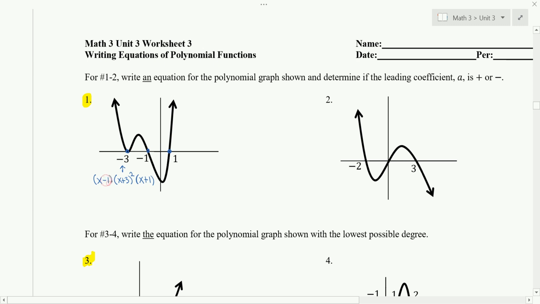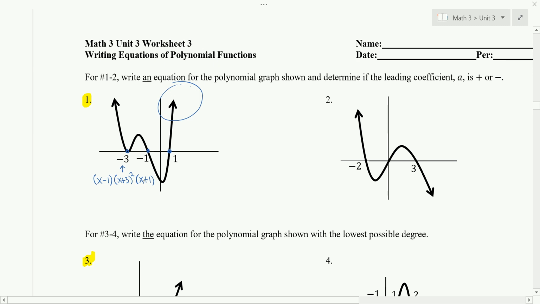So x minus 1. So those are our factors. And then if we look at the right end, if the right end is pointed up, the leading coefficient would be positive. If it's pointed down, it would be negative. So we just need to make sure the leading coefficient of this is positive.